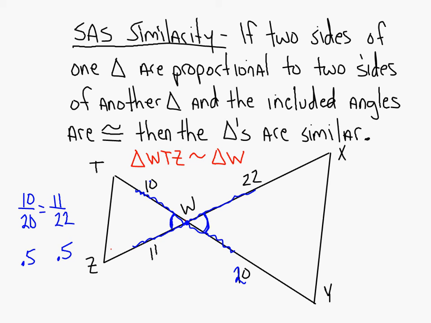So we got to go W, Y, X. Okay? Triangle WTZ is similar to triangle WYX, and that's by side, side, side similarity. No, I'm sorry, side, angle, side similarity. Does anybody have any questions?